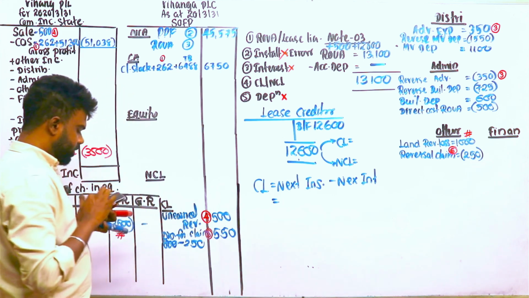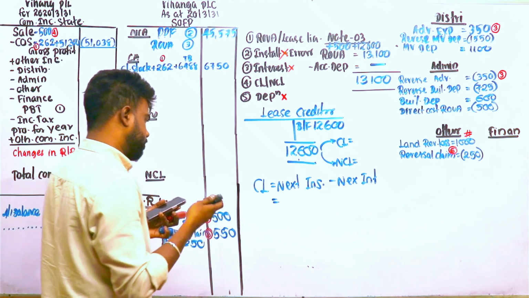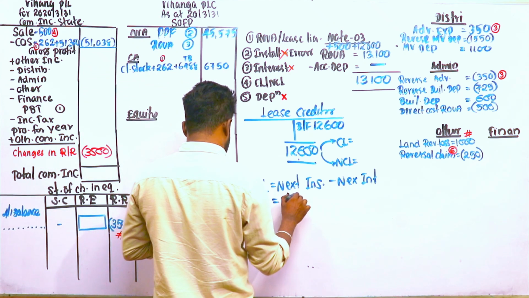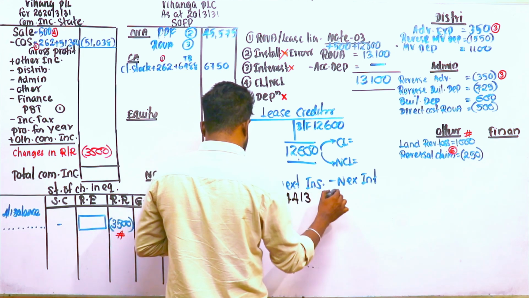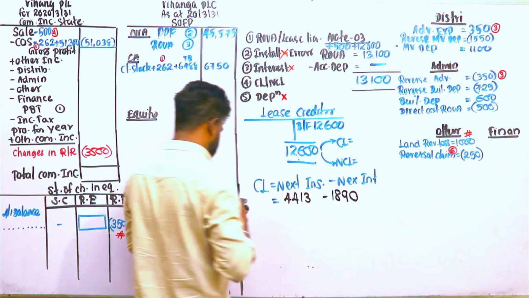Next year installment was how much? Next year rental value 4 million, interest 1,890 next year.